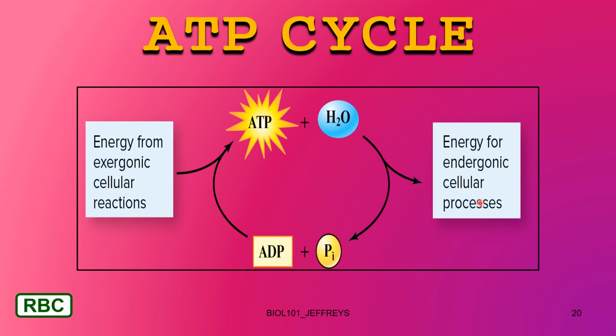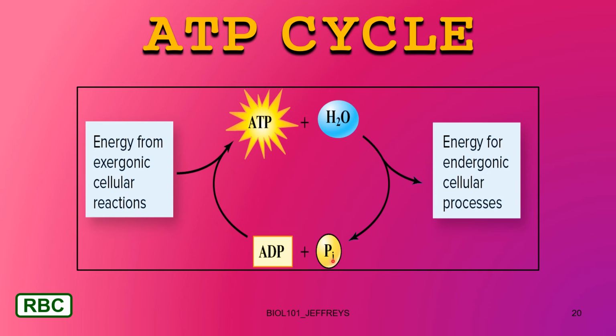That requires an input of energy. Where does that energy come from? ATP. Active transport is an endergonic reaction. It's moving substances from an area of low concentration to an area of high concentration. It's pushing yourself into that crowded room. Takes energy, takes effort. Where does that energy come from? ATP. That's an endergonic reaction.